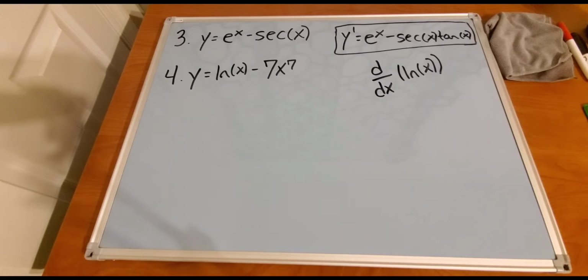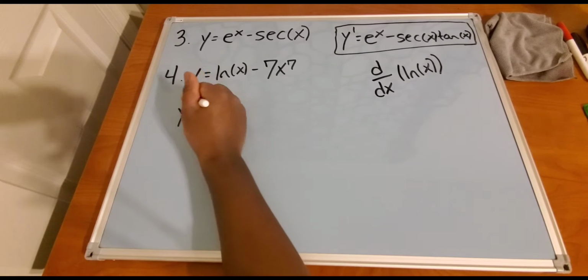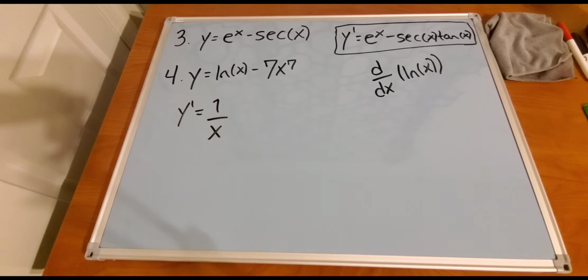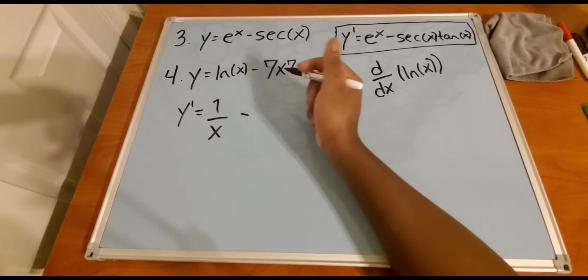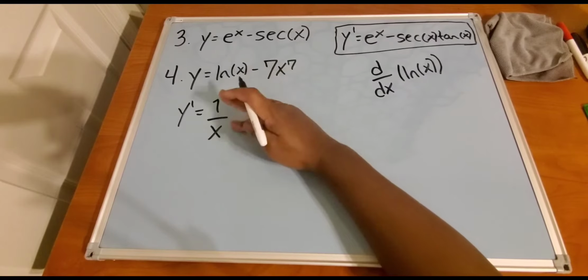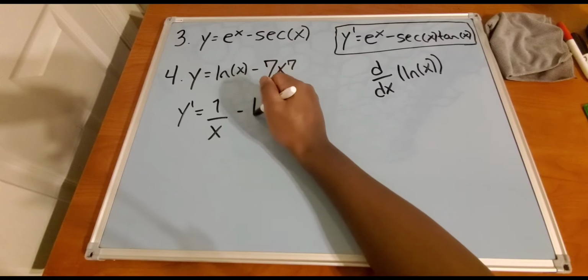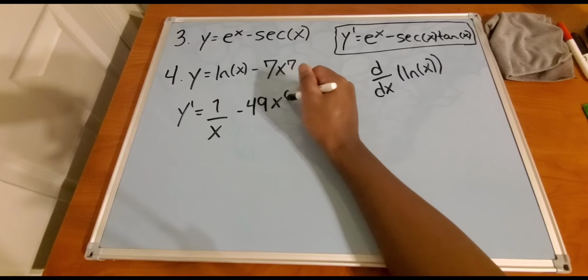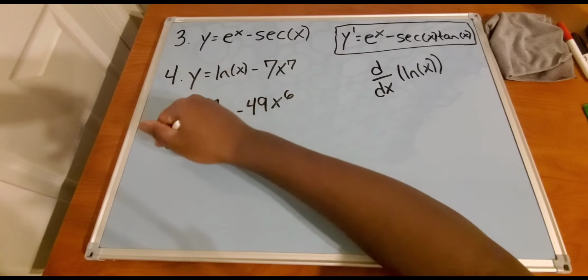But we know that the derivative of natural log of x is 1 over x. So the first derivative of y is equal to 1 over x minus 7 times 7, which is 49, times x to the 6th. And that's our answer for question 4.